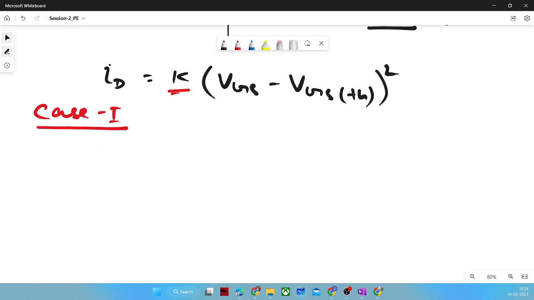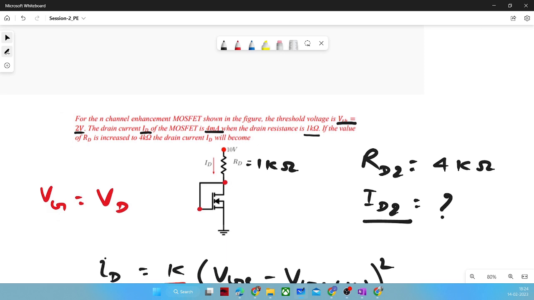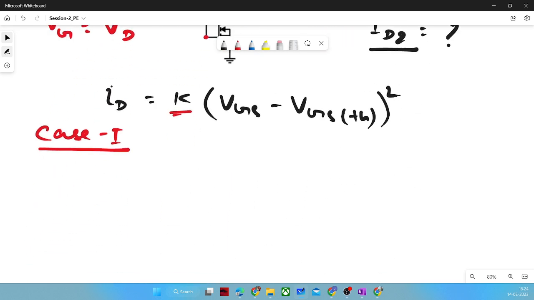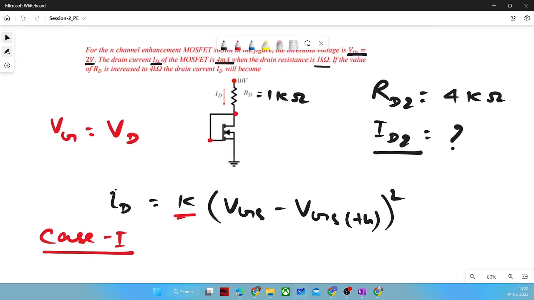So for case one, ID was 4 milliampere. We can apply KVL between this node, so 10 minus the RD drop will be this VD.